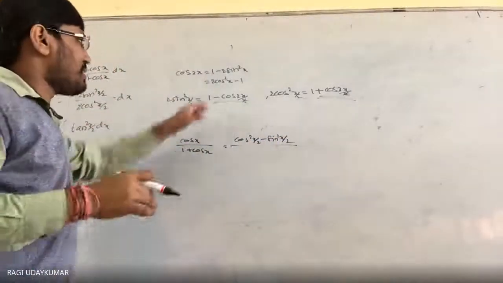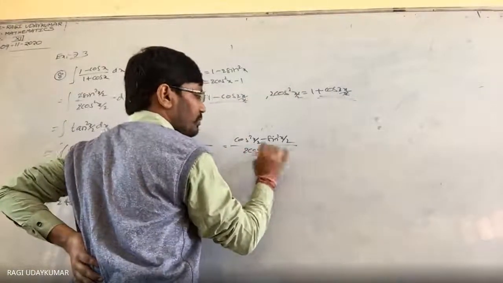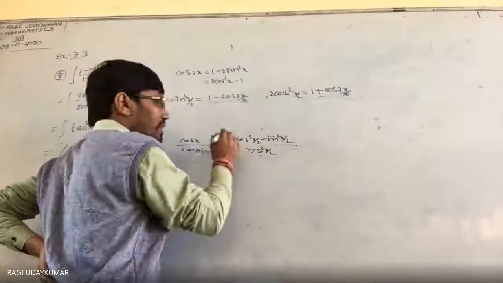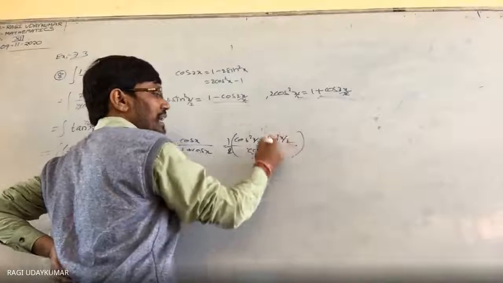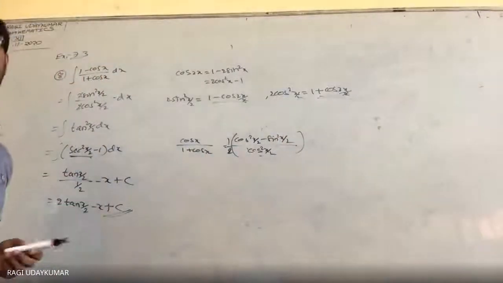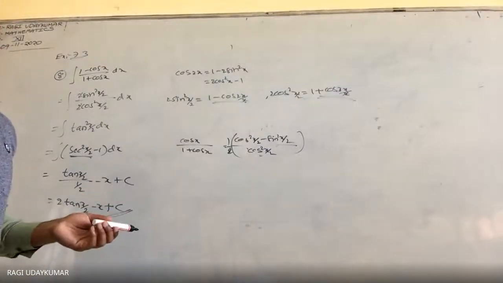So 1 plus cos x can be written as उधर से 2 cos square x by 2. ये दोनों डिवाइड कर लो, 1 आ जाएगा, 1 by 2 आ जाएगा, ये 2 साइड में रखते हैं. इधर tan square x by 2, again tan square x by 2, secant square x by 2 minus 1 लिखो. Same problem, same order. थोड़ा सा चेंज है.